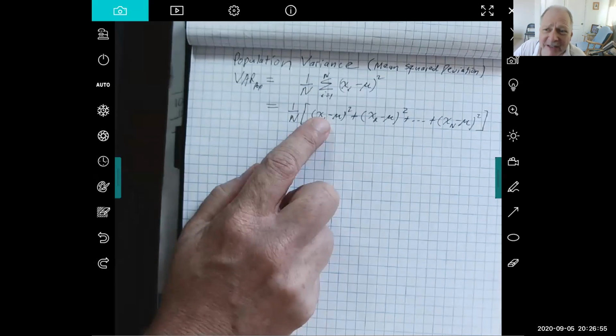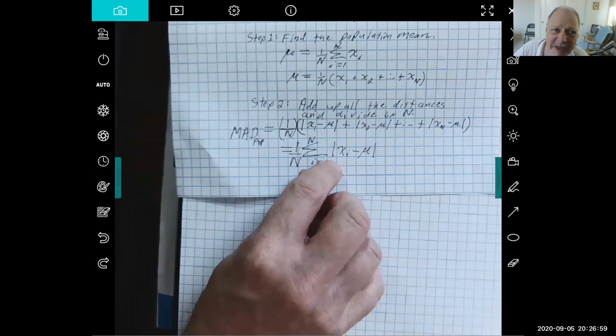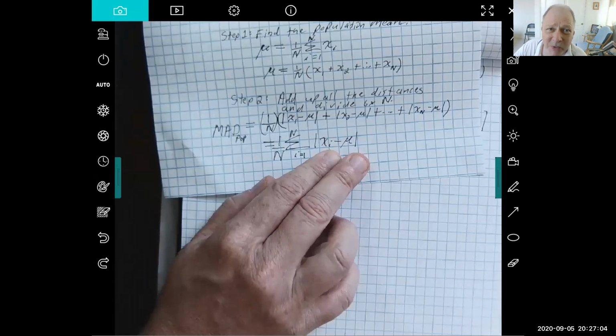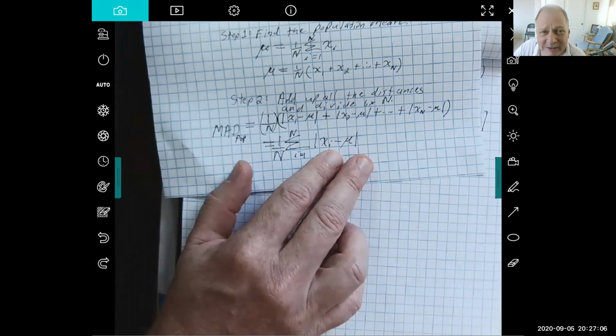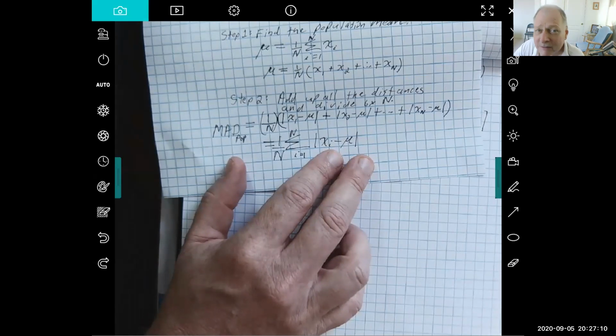And these numbers might be a lot bigger than what I would have gotten if I had just done the absolute value. When I do all that squaring, depending what size the numbers are, they may be getting bigger.